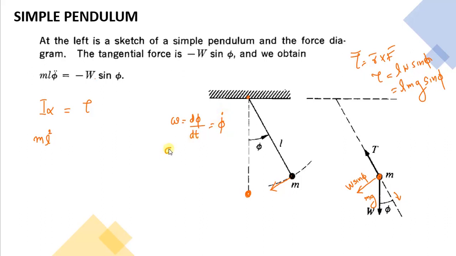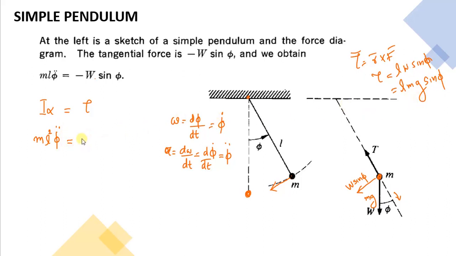Now angular acceleration alpha is equal to d omega by dt, that is d by dt of phi dot, that is phi double dot. So alpha is simply phi double dot. So I alpha can be written as ml squared into phi double dot, which is equal to this torque.